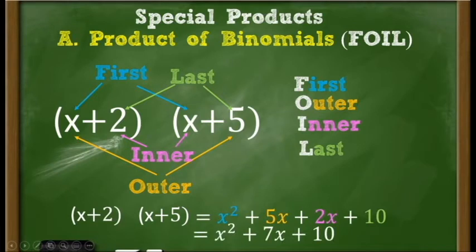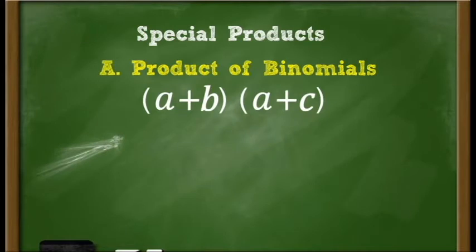So the result now is x squared plus 7x plus 10. Since you added 5x and 2x right here, giving you 7x for the middle term. So the final answer is a trinomial, which is x squared plus 7x plus 10. That is correct. So that's how you use FOIL method.